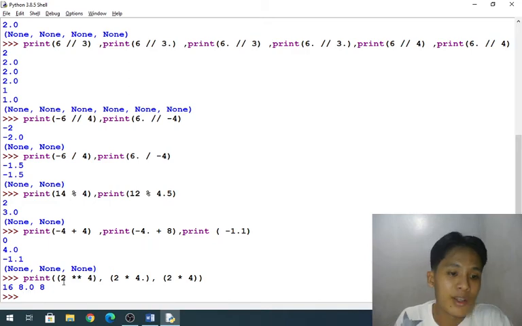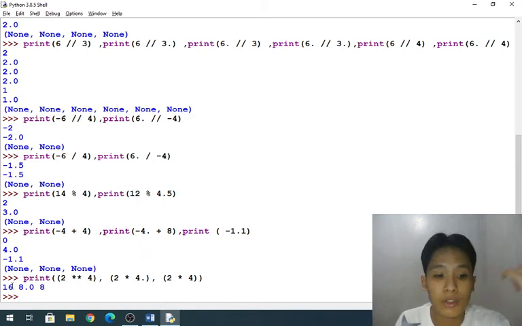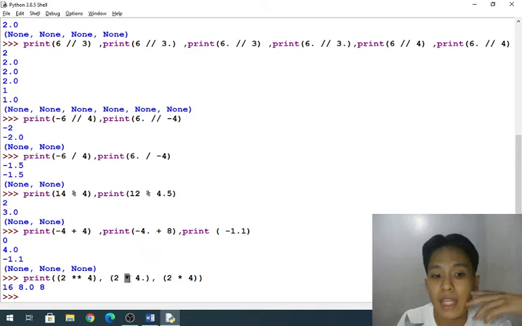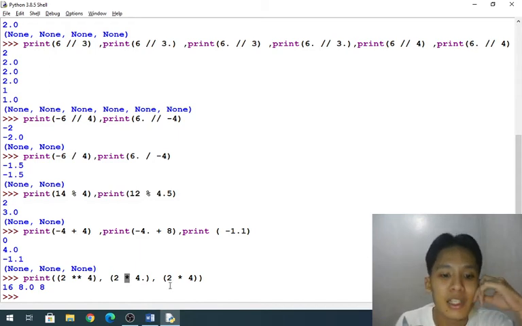Again, this is not multiplication but rather an exponential. So 2 raised to 4 is 16. This one is the multiplication: 2 times 4 point is 8.0, even though we don't need that .0, it is always present as long as it is a float. And lastly, 2 times 4 is 8.